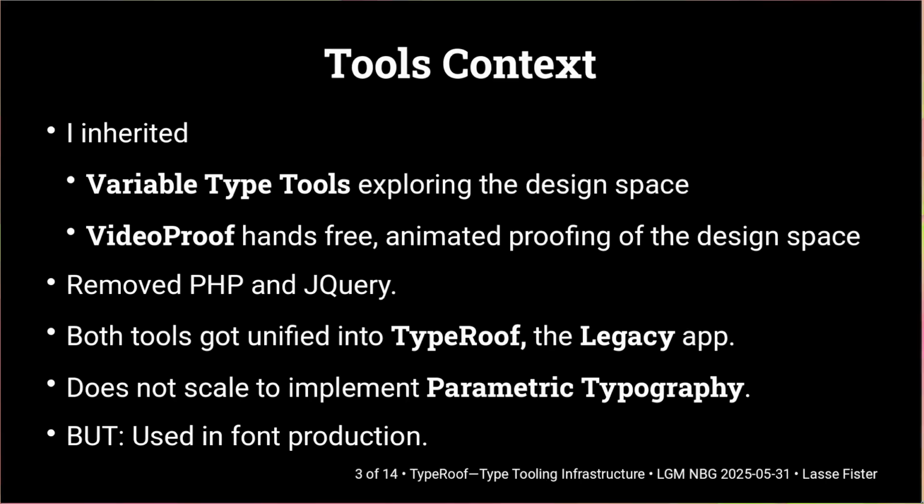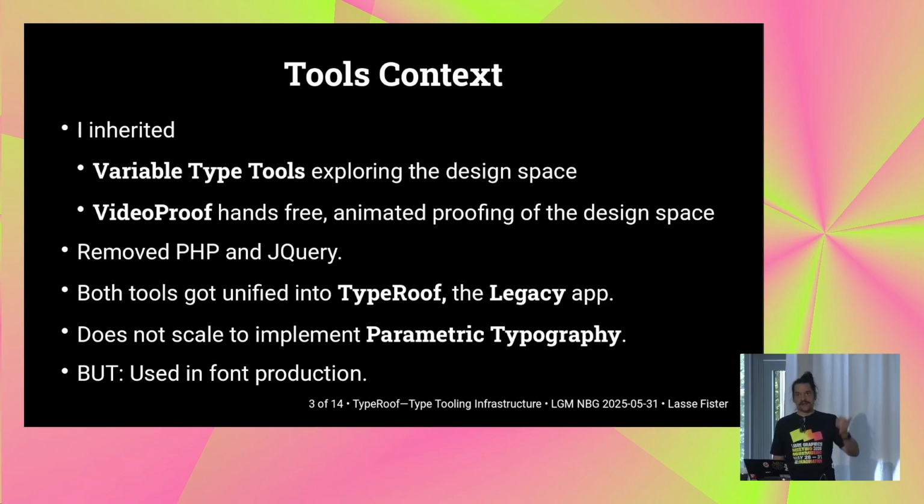One problem with the parametric fonts is there are a lot of axes, so a lot of sliders, and that makes it really hard to look at the font while you use the sliders. And VideoProof creates animations through design space, where all the axes together are the design space, and VideoProof can make an automated animation through that.